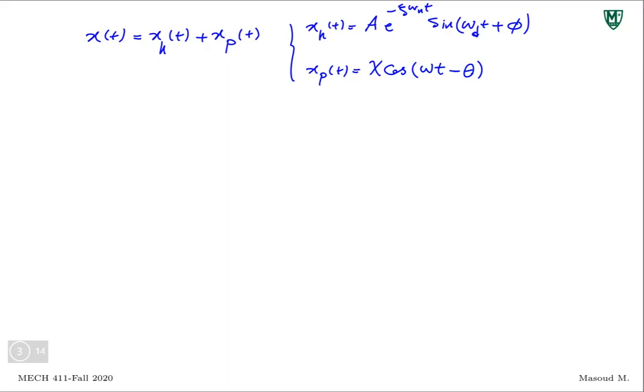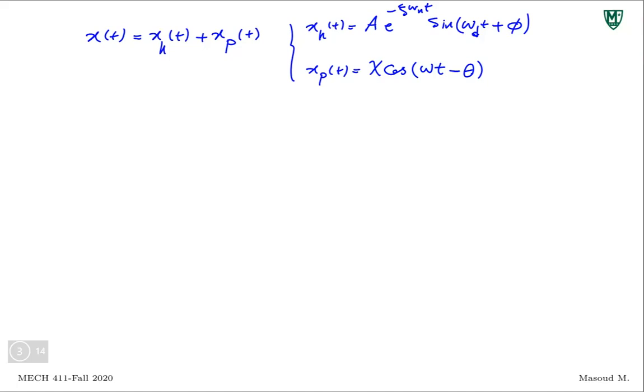I have to take that phase difference into account, and that's why I put that theta there. So there's a phase shift between the force input and the response the system is going to have to that force. But if you did not follow this specific part of the explanation, don't worry about that. This is going to be the general form of the particular solution.